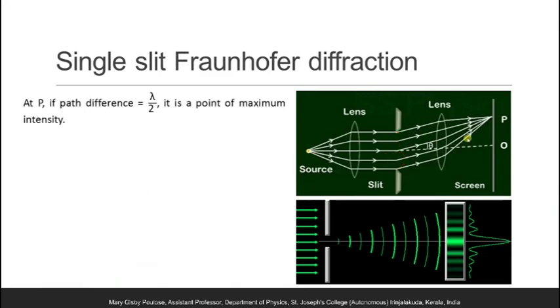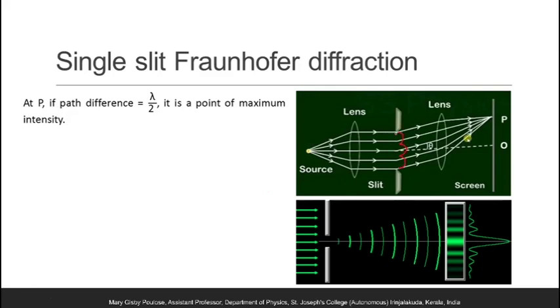Now, at P, if the path difference between these emerging rays is lambda by 2, it is a point of maximum intensity. Here, if the path difference is lambda by 2, we have to take into consideration that the slit is divided into 3 regions.